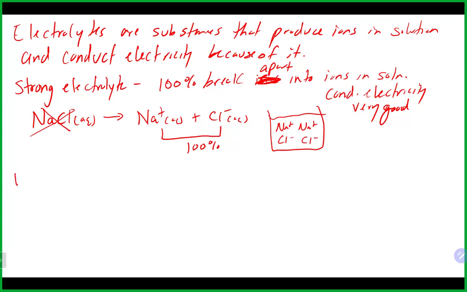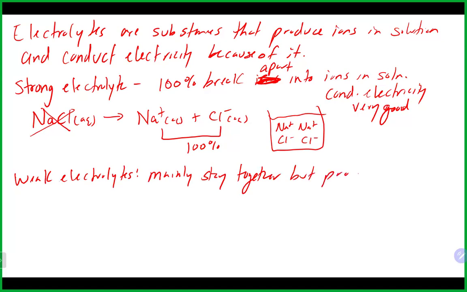There's also weak electrolytes. Weak electrolytes mainly stay together, but produce a few ions. And because it's able to still produce a few ions, it's still able to conduct electricity, but nowhere near as well as a strong electrolyte.